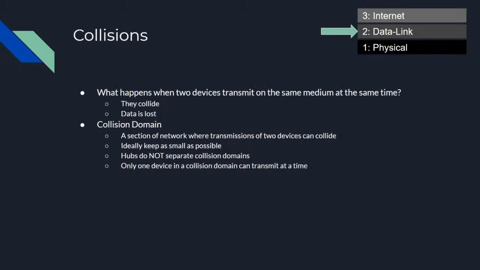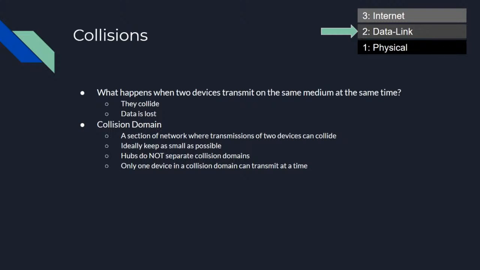But there's this problem at layer 2, more at layer 1, but whatever. What happens when 2 devices transmit on the same medium at the same time? This is called a collision, which means data is lost. On Ethernet, you could detect a collision on the same link if you could detect a spike in voltage.